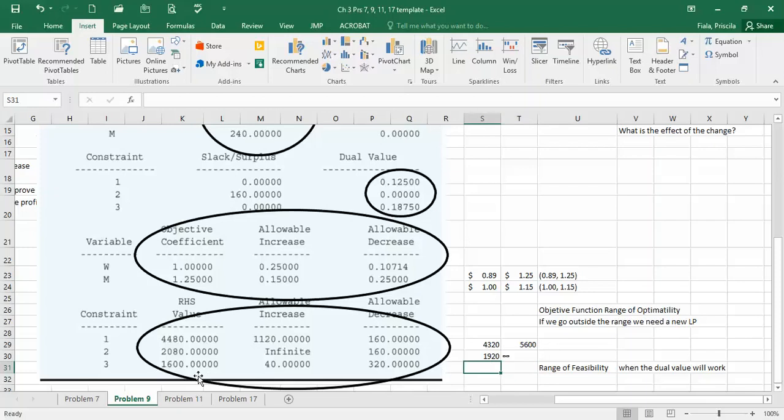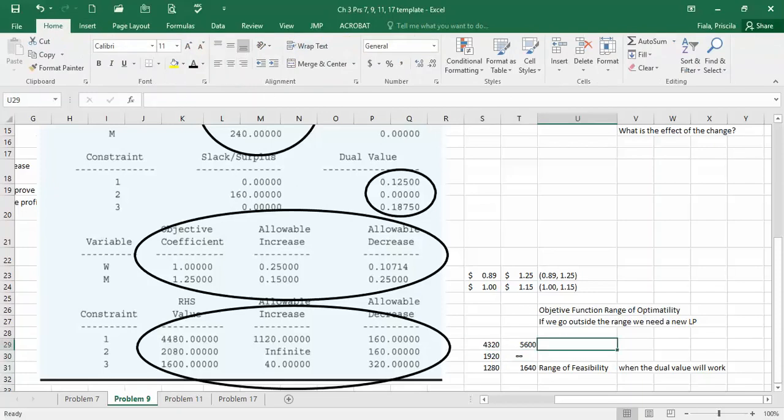And then for the last one, we have a value of 1600 minus my decrease, for constraint 3, my decrease is 320, right? And then we have an increase of 40. So 1600 plus 40. Therefore, these are my range right here.